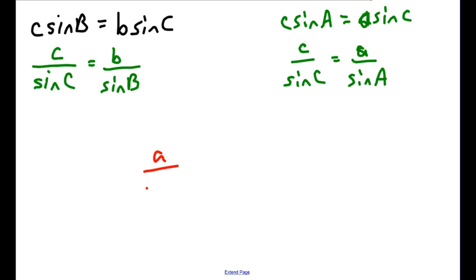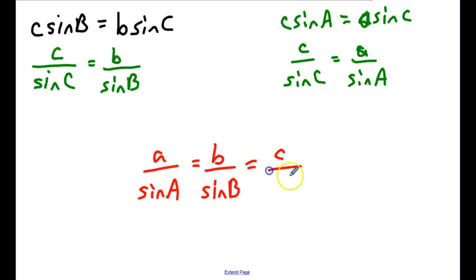Thus we get A divided by the sine of angle A is equal to B divided by the sine of angle B, which is also equal to C divided by the sine of angle C. This is the proof for where the law of sines comes from.